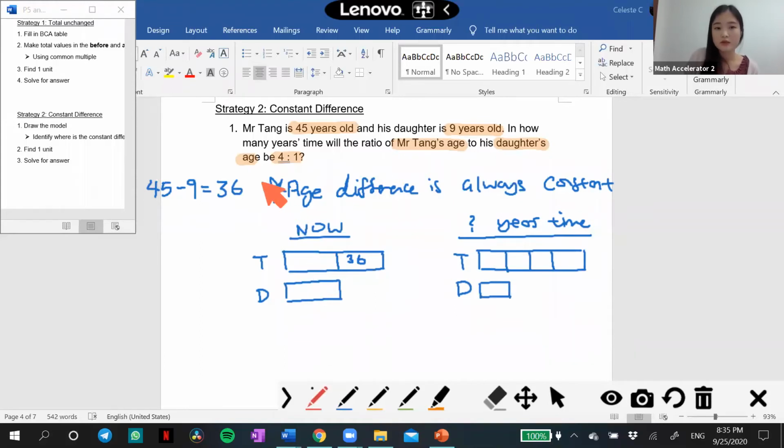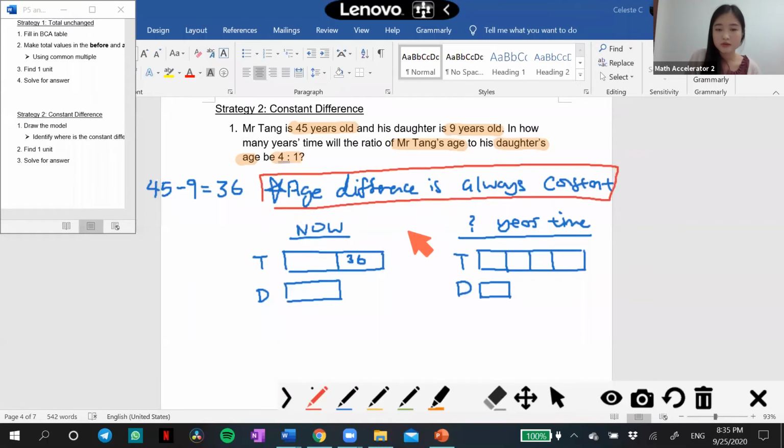And remember, age difference is always constant. Which means what? The difference between them in how many years' time will still be 36. It will always be 36. So that tells us that 3 units is 36.